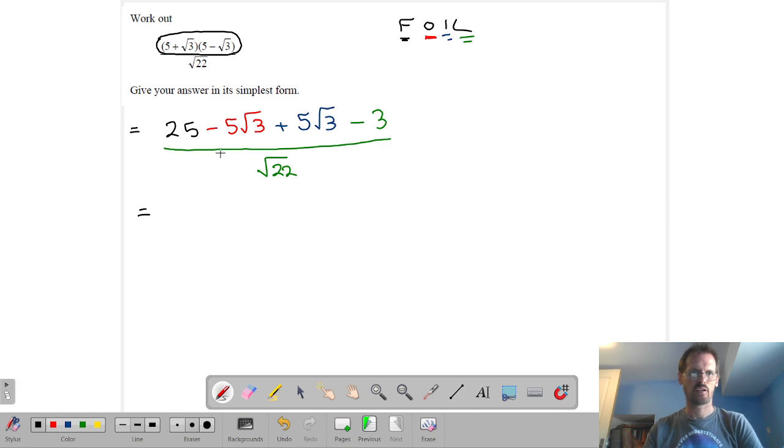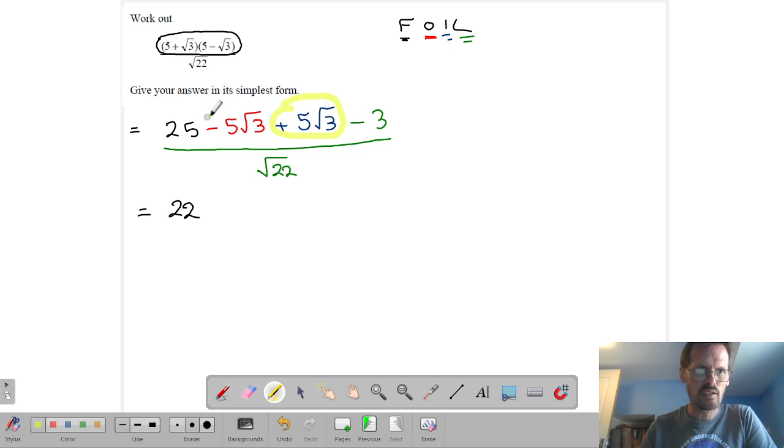Now, just to tidy up on the top, we've got 25 and minus 3, that's 22. And then these two bits, we've got a plus 5 lots of root 3, take away 5 lots of root 3, that gives you nothing. So all we've got on the top of that horrible looking fraction there is just 22.